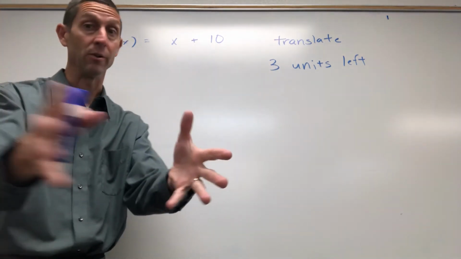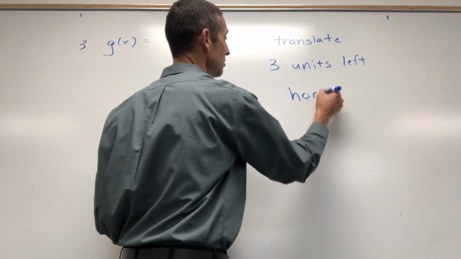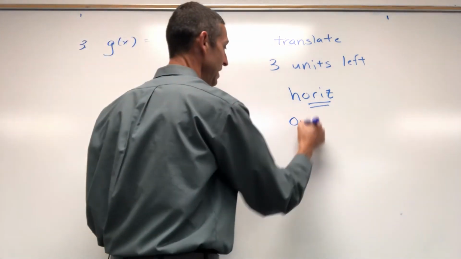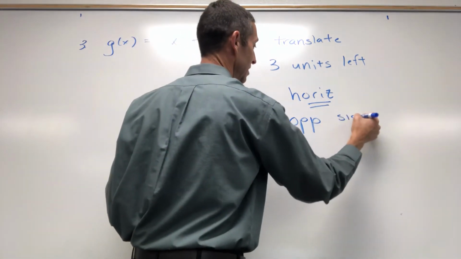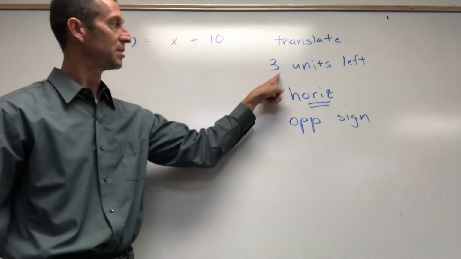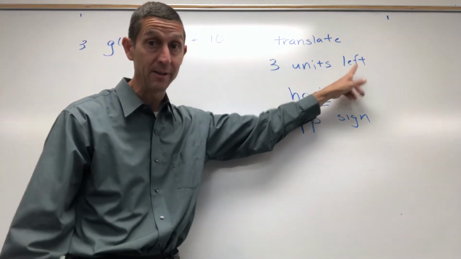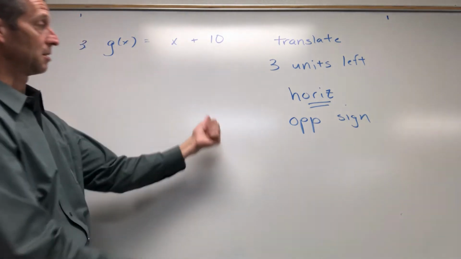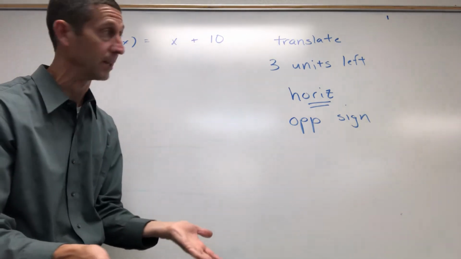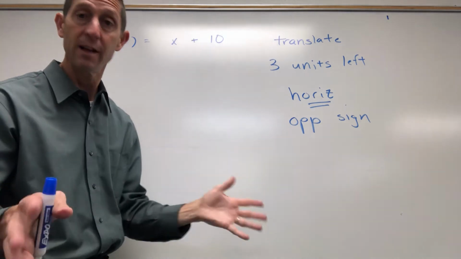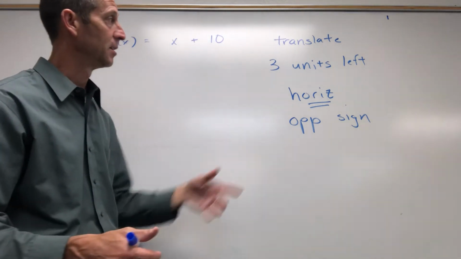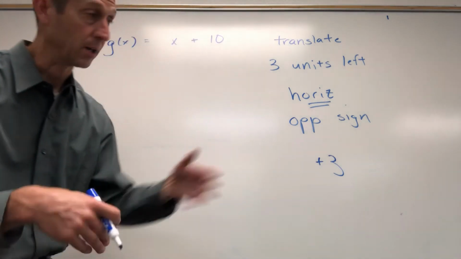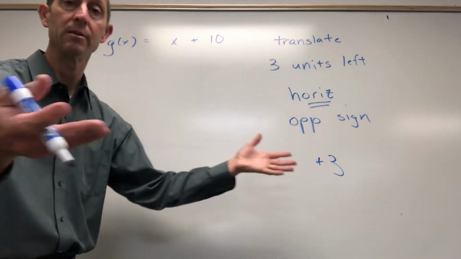Be careful. The horizontal is always the opposite meaning. When it says 3 units left, you think, I'm going back this direction to the left, it's got to be a negative 3. But horizontal is always the opposite sign. So if it says 3 units left, you're going to actually put that down as plus 3.